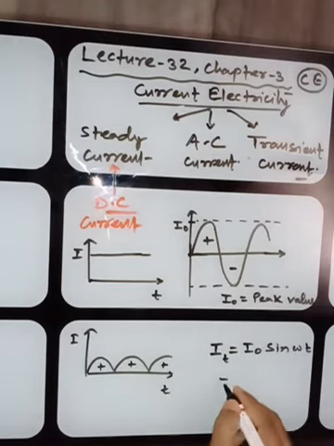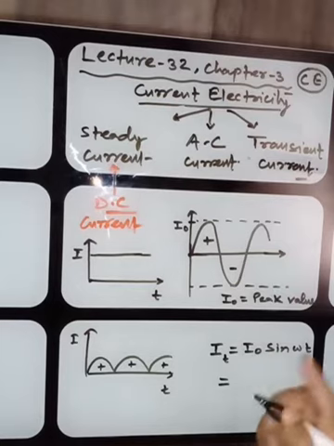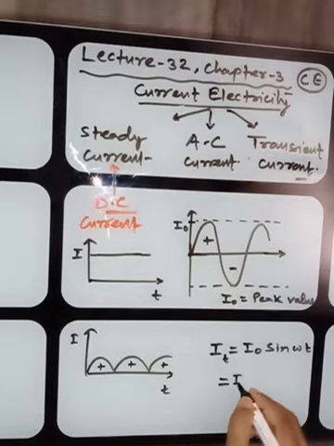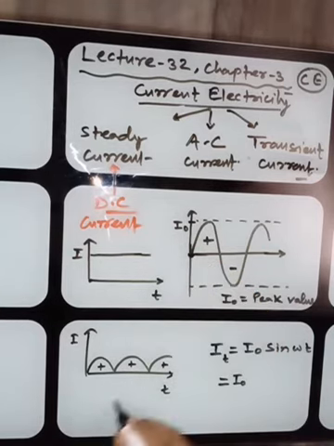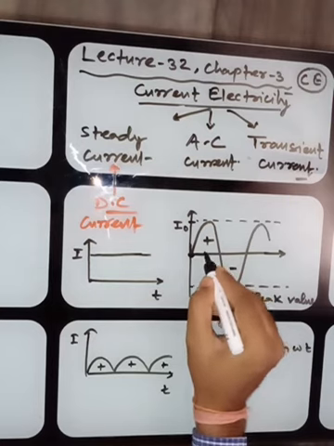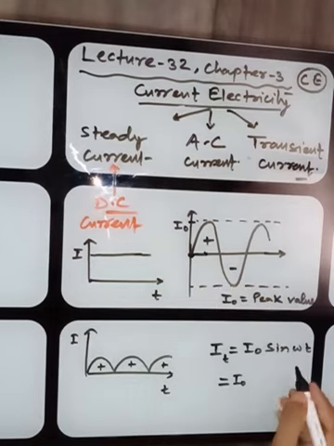If you remember this omega, you have studied it in the rotation chapter. This will be the I naught peak value. This could be 0. At this point the current is 0. At this point this will be maximum. At this point the angle will be pi by 2, and sine pi by 2, this omega t will give you pi by 2.